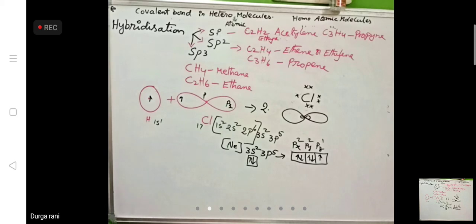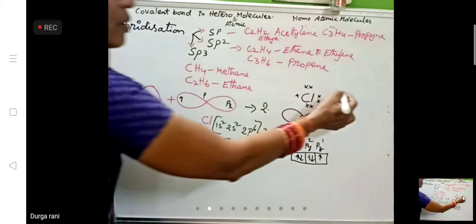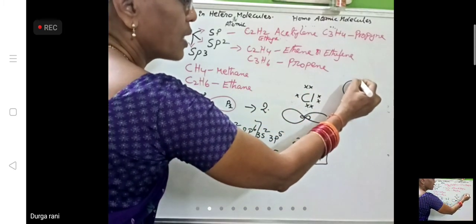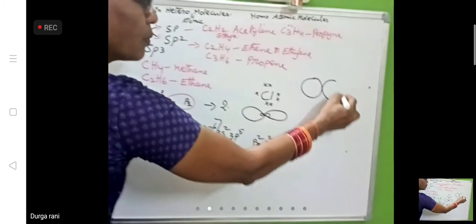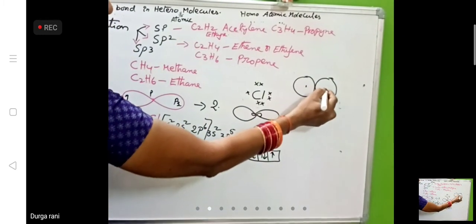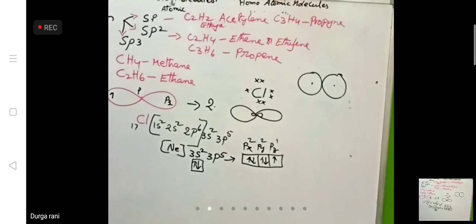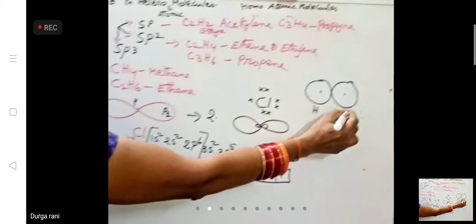Here, when an s orbital and an s orbital come close, tell me what the hybridized orbital will be like. This is one hydrogen, this is another hydrogen.